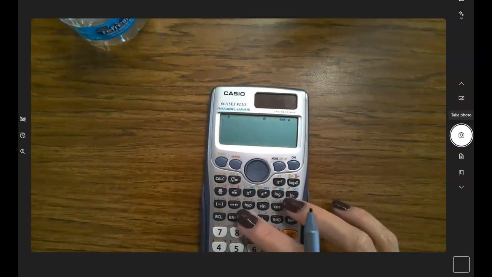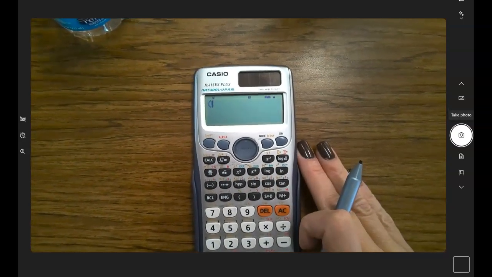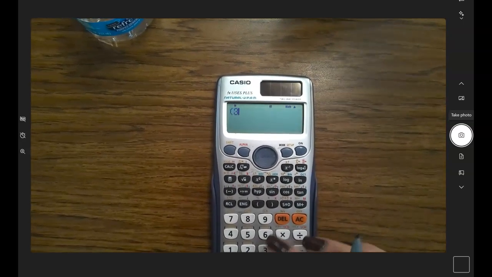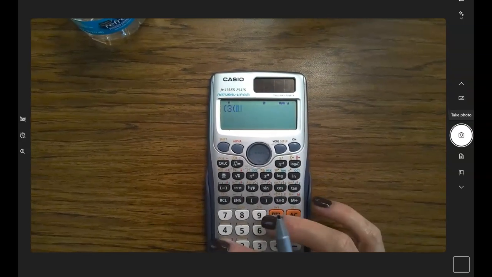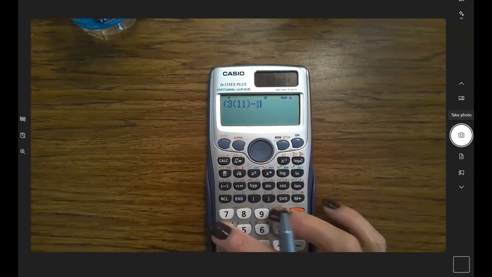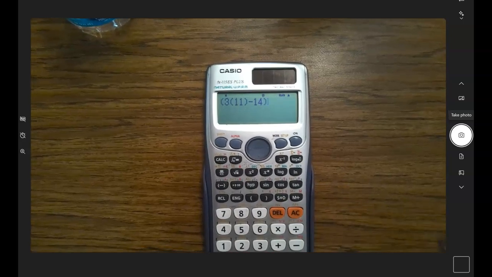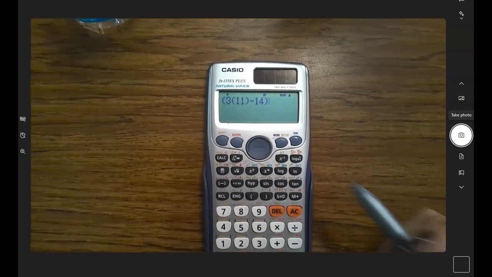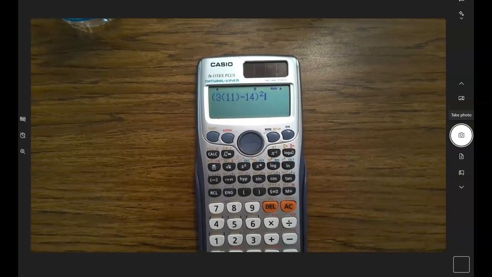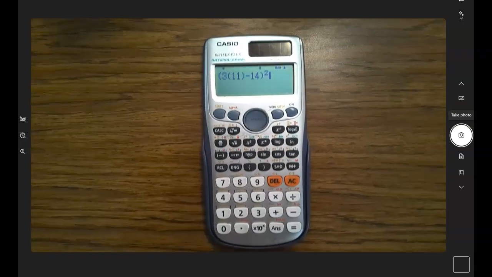So I have to start off parentheses because I had a quantity. I have 3 times 11, so I do 3 parenthesis 11 parenthesis minus 14, and then I have to finish the outside parentheses, and to square it again I have this x squared key. I hit that and it'll put the square for me.